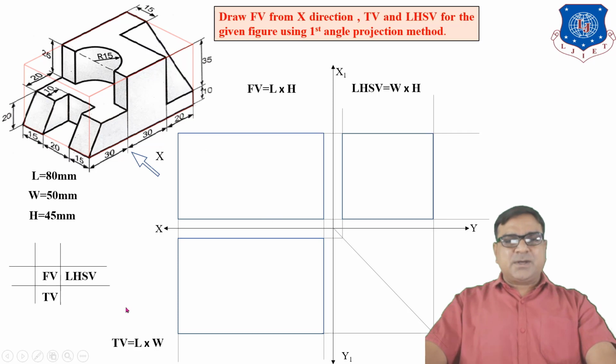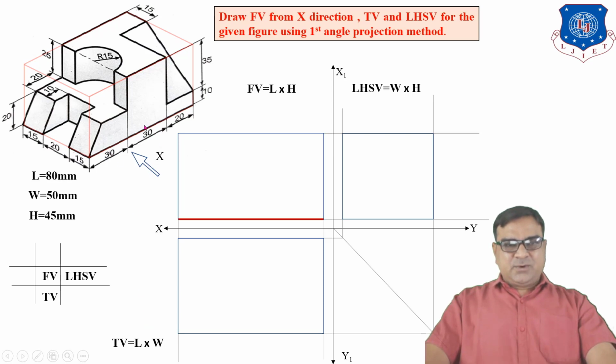Now start your drawing by observing. First we have to draw the front view. So assume the observer is here and looks at the object in such a way that the line of sight is always perpendicular to the vertical plane. Somewhere here the vertical plane is there, on which the projection will be obtained. This is the position for the front view.